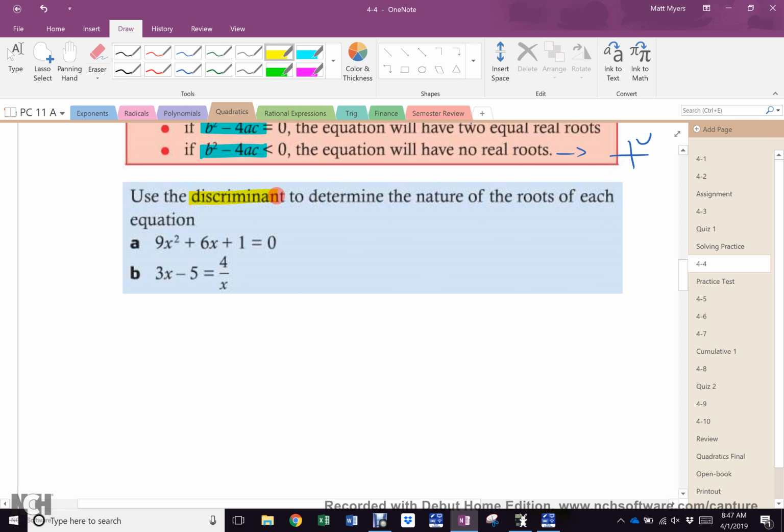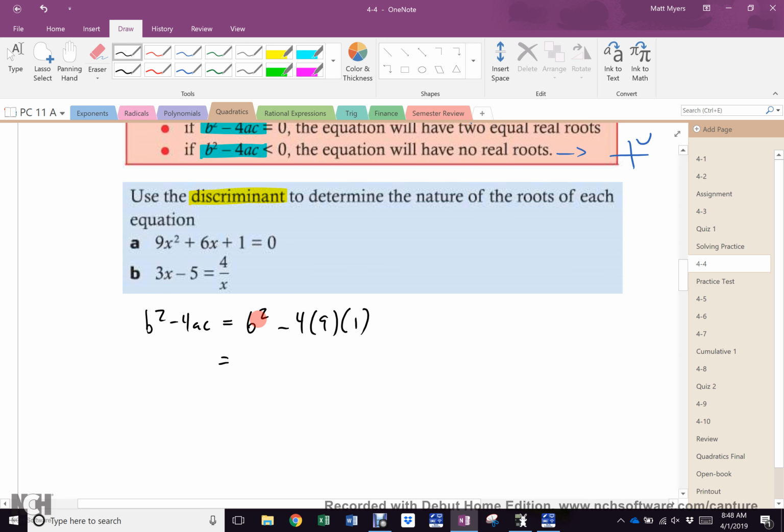Now, only using the discriminant, tell me what this graph is going to look like. So, the discriminant is only this part. So what do I have to use in A? What's going in for B? 6 squared minus 4 times 9 times what? 1.